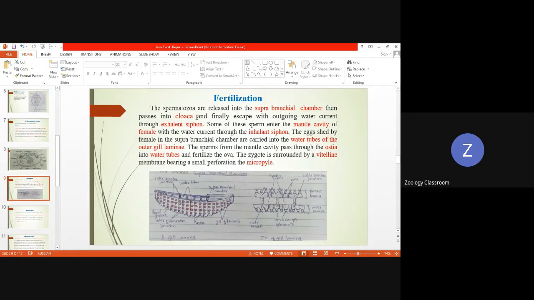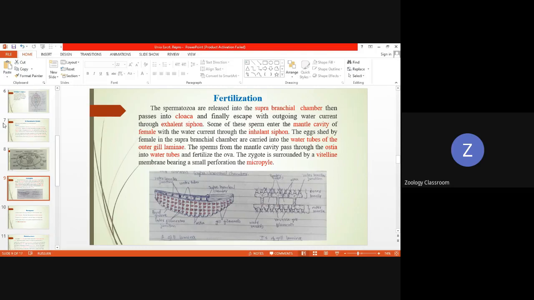Now, fertilization. How does the fertilization occur? Spermatozoa are released into the suprabranchial chamber, then pass into the cloaca, and finally escape with the outgoing water current through the exhalent siphon.